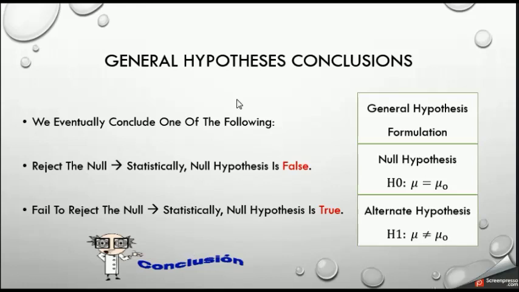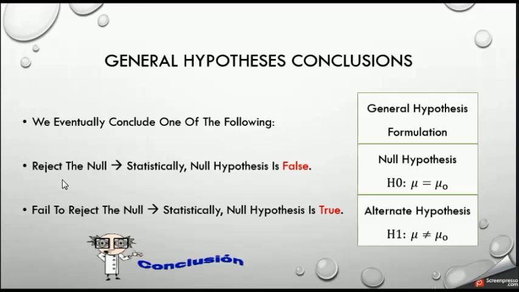Before that, let's see the general hypothesis conclusion. We have the general formulation of hypothesis as we have seen. We have the null hypothesis, for example, mu equals mu naught. We have the alternative hypothesis, for example, mu does not equal mu naught. Eventually we are going to conclude one of the following conclusions.